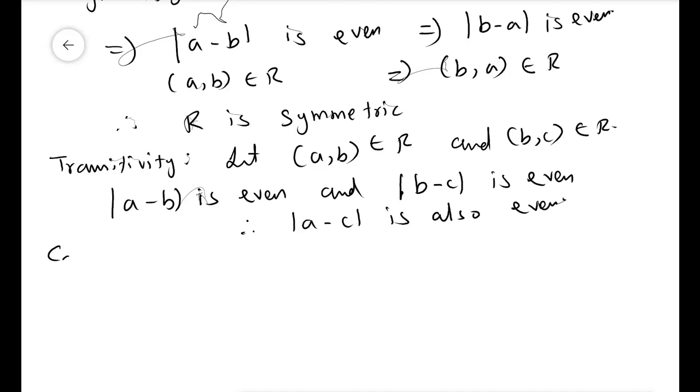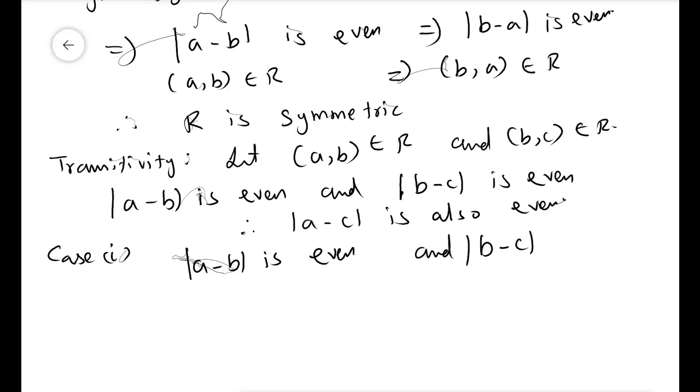In this case, we have two cases arising. Case 1 is when modulus of a minus b is even and modulus of b minus c is even, then b is even.